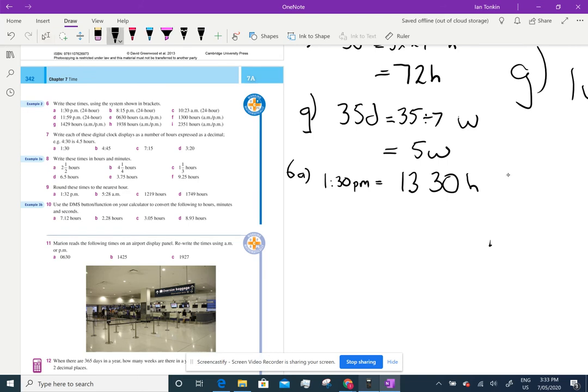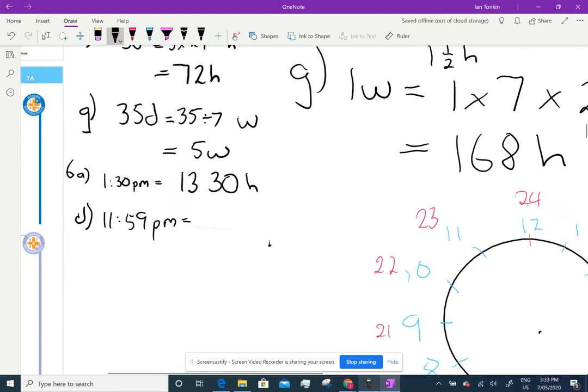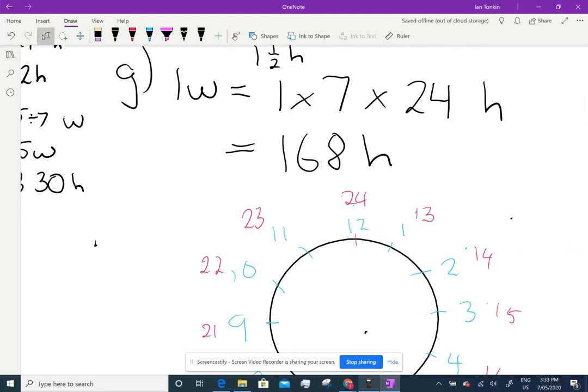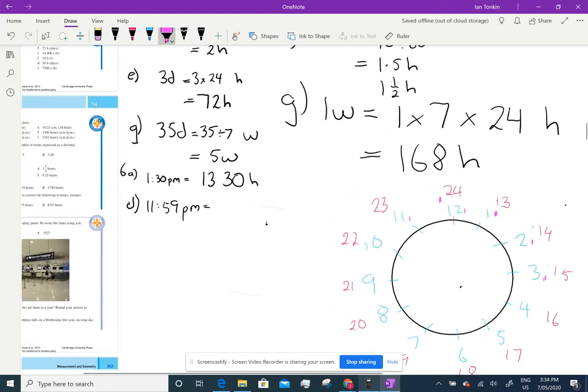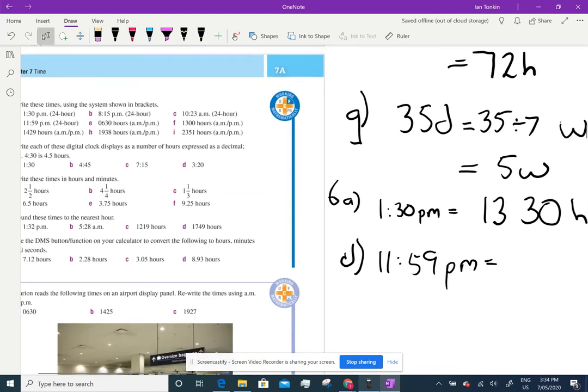11:59 p.m. So here we go, D. 11:59 p.m. Okay, so where have I gone? So if I go here in the blue, 1 a.m., 2 a.m., 3 a.m., all the way around, 11 a.m., 12 noon, 1 p.m., 2 p.m., 3 p.m., 4 p.m., 5 p.m., 6 p.m., 7 p.m., 8 p.m., 9 p.m., 10 p.m., 11 p.m. Well, that's 23 hours, 11 p.m. and 59.